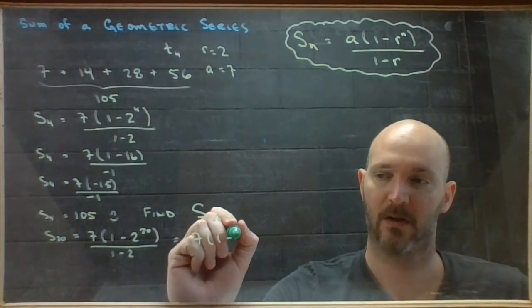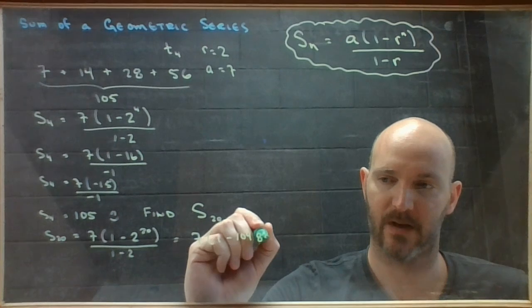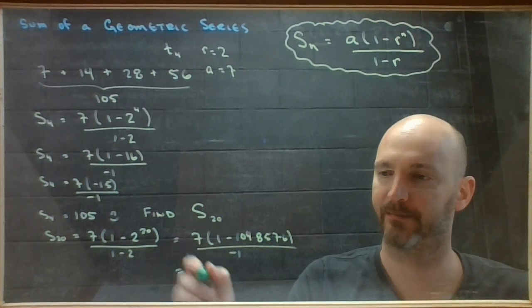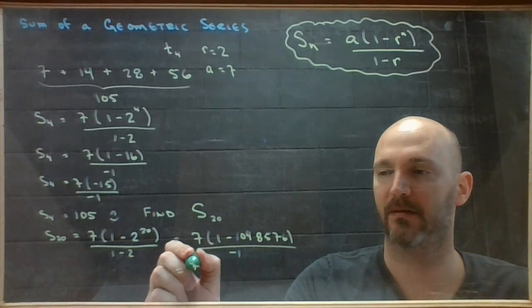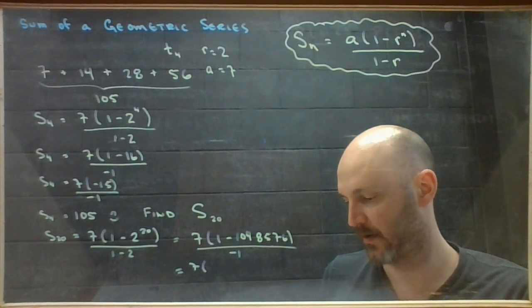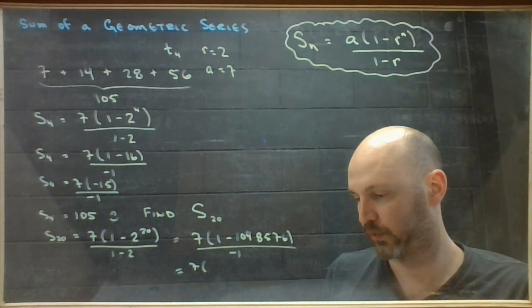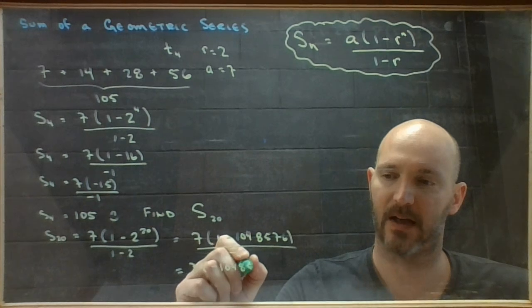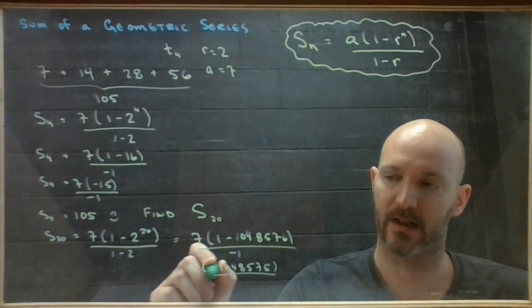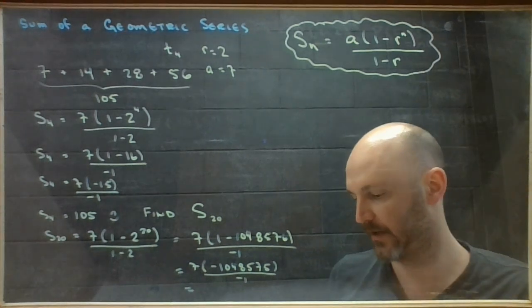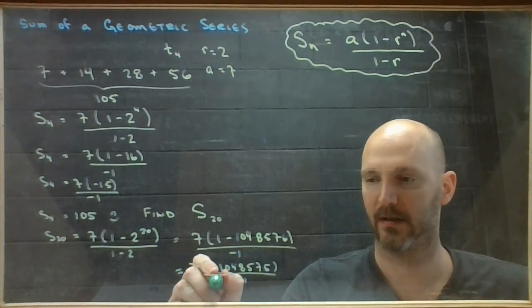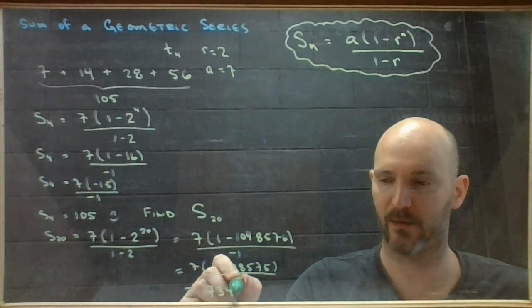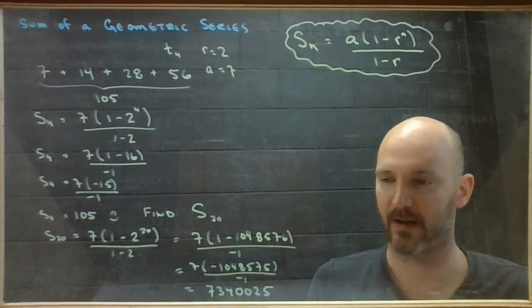Gives me 1,048,576 over negative 1, which is 7 times negative 1,048,575 over negative 1, giving me a grand total of 7,340,025.